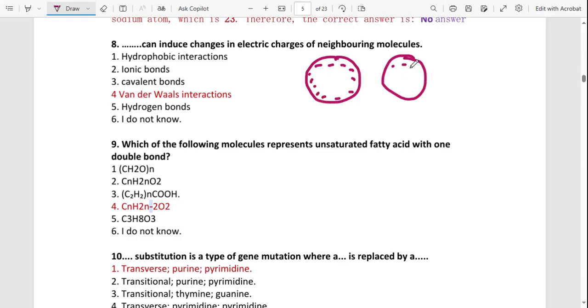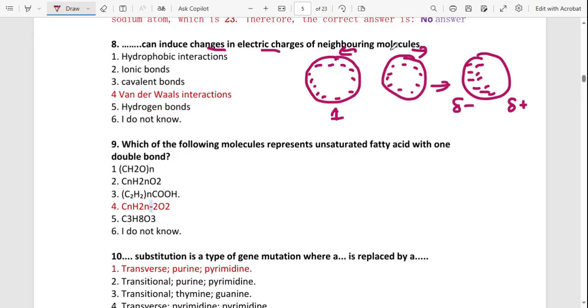So when you bring negative atoms close, the electrons will start to repel each other. You see electrons are going to be pushed and they'll concentrate on one side. The side where they've concentrated will become partially negative because of the electrons. The side where they've moved from will become partially positive. So Van der Waals forces can induce changes in electrical charge in neighboring molecules. Okay.